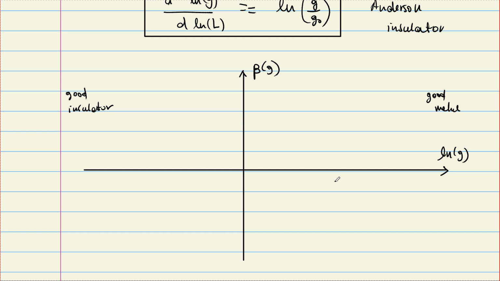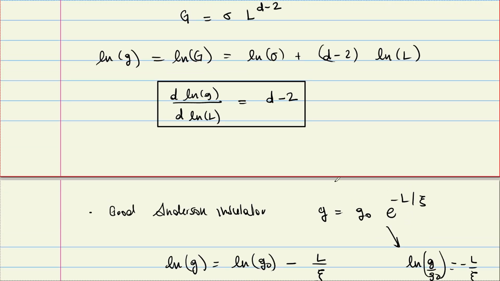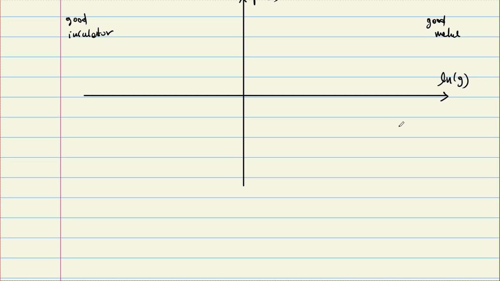And in the good metal side, we had this function just a constant, where d is 3 in 3 dimensions, 2 in 2 dimensions, and 1 in 1 dimension. Then we can just write this. Let's say this is 1. And if we are in 3D, d minus 2 is going to be 1, and we are going to be starting from here.